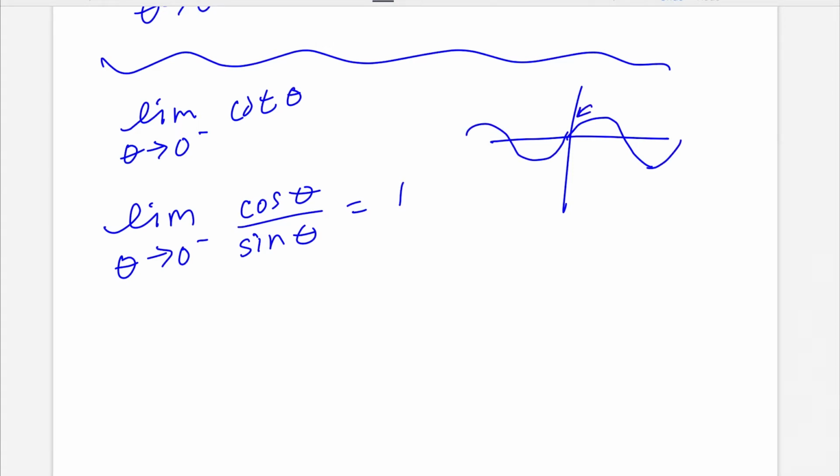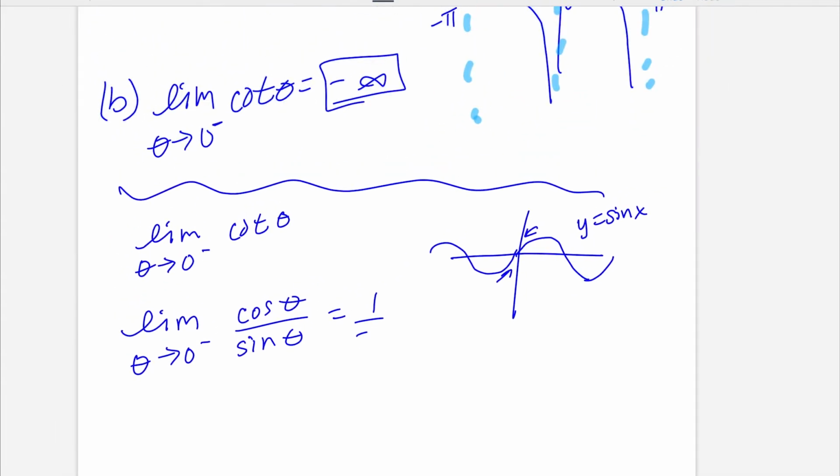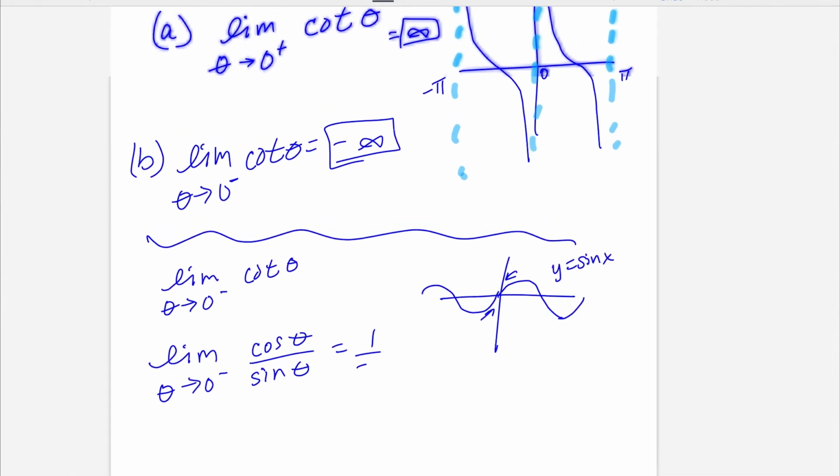as I approach 0 from the left or the right, here I'm coming from the left. If I approach from the left, what is happening? I'm coming from the negative side, right?